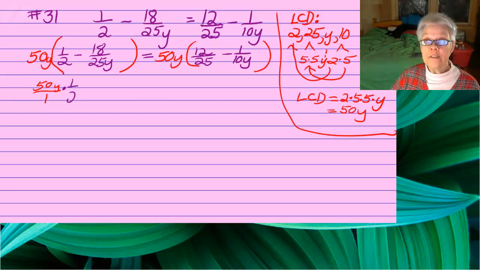I'm going to turn 50y into a fraction because I'm multiplying fractions. That makes it easier to cancel.